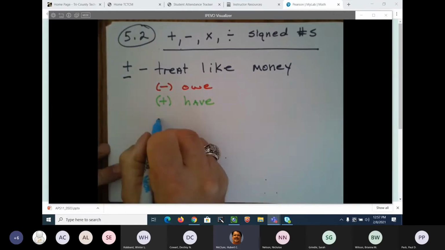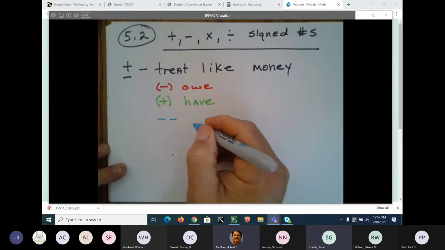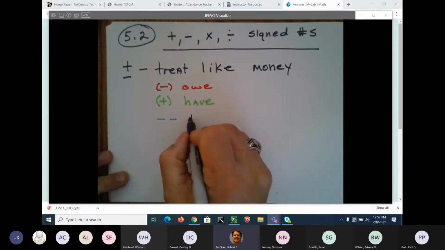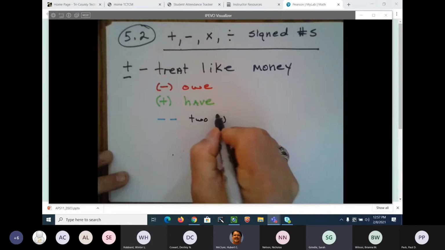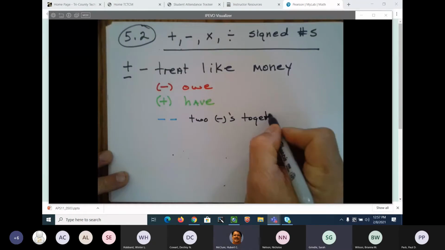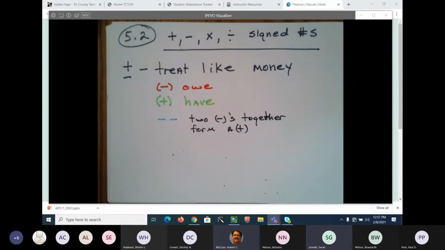Anytime 2 negatives are together, they form a what? Positive. They form a positive. 2 negatives together form a positive. I'm going to show you a trick I learned in the war.